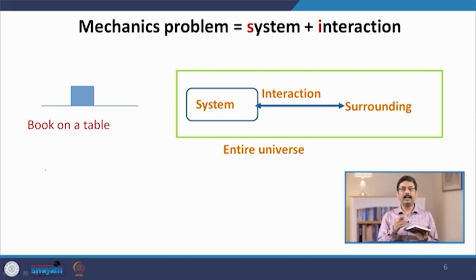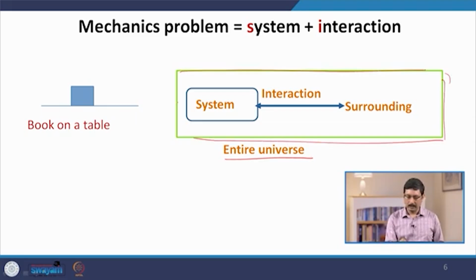Then everything else that is outside the book is the surrounding. What we are doing in this picture is that this green block represents the entire universe, and we are dividing the entire universe into two pieces.